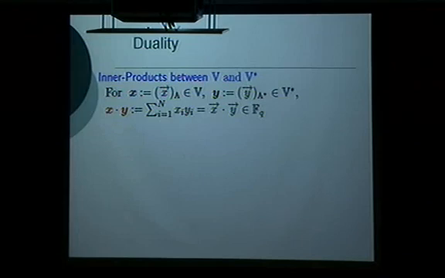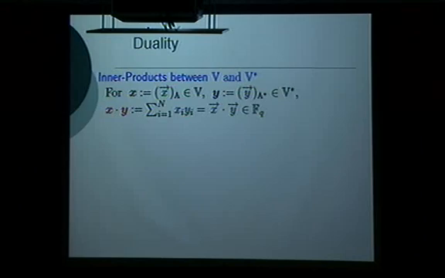An element X in V is expressed this way, and Y is expressed this way. Then the inner product of X and Y is defined by the inner product of the X vector and the Y vector, which is in Fq.